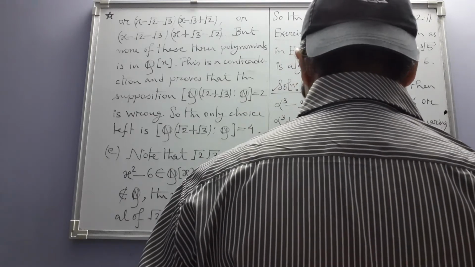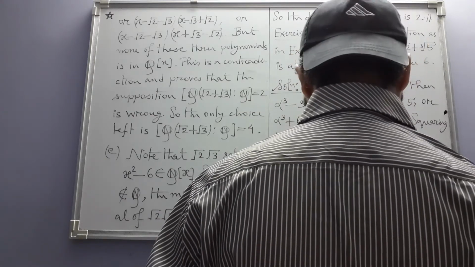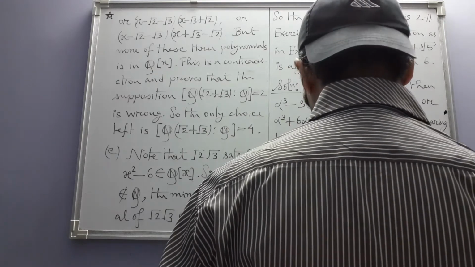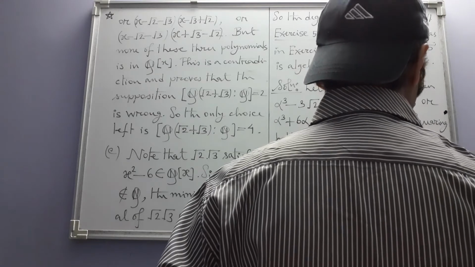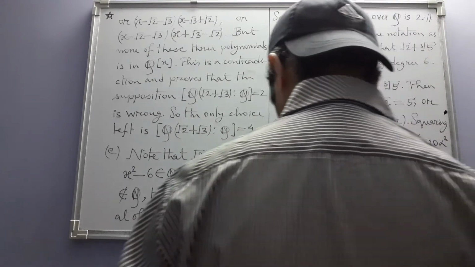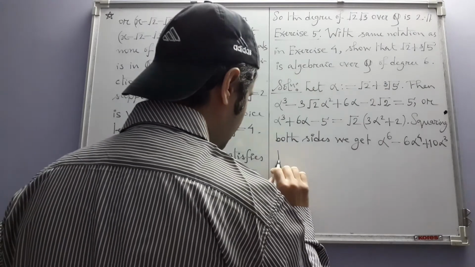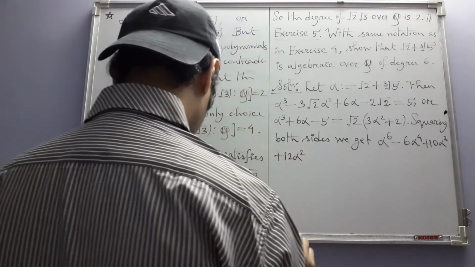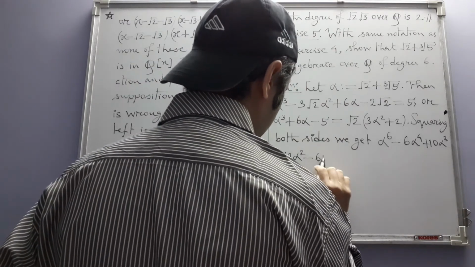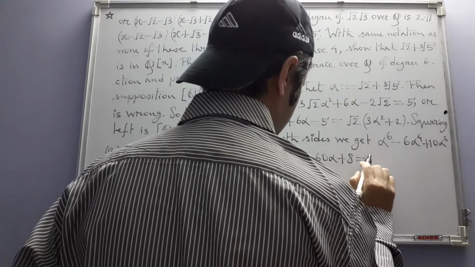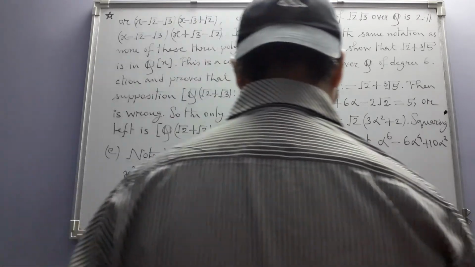Alpha to the power 6, so we will ultimately end up with a thing like this: minus 6 alpha to the power 4 plus 10 alpha cube plus 12 alpha square minus 60 alpha plus 8 equal to 0.